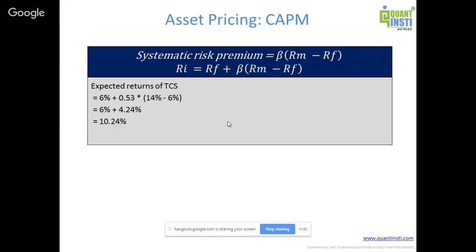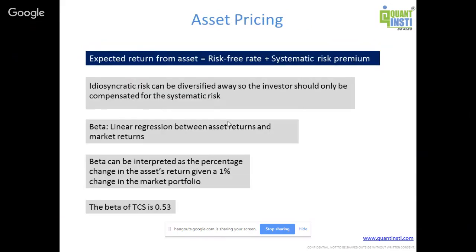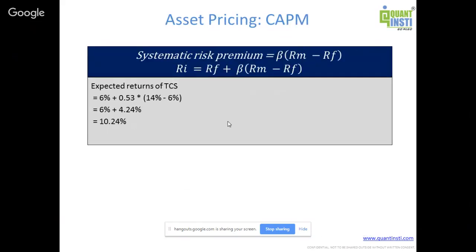If you go back to the previous equation, the expected return from any asset is nothing but the risk-free rate plus the systematic risk premium. Systematic risk is how much your stock is impacted by a change in the market. For example, if the market falls by 1%, how much is your stock falling? That helps me estimate the systematic risk premium, and we learned that this can be done using beta. So the systematic risk premium can be captured through beta.